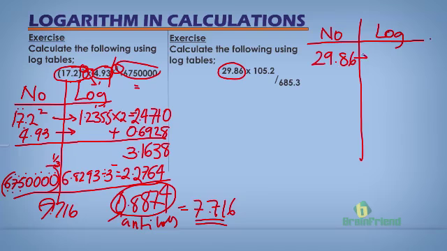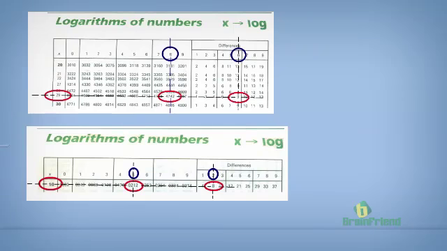We find the logarithm of 29.86 by first finding the integral part of our logarithm, and that would be 2 digits as seen in the integral part of our given number, minus 1, which is 1. Therefore, the logarithm of 29.86 would be 1 point a fractional part. The fractional part we would look up from our logarithm table. Let's go to our logarithm table.